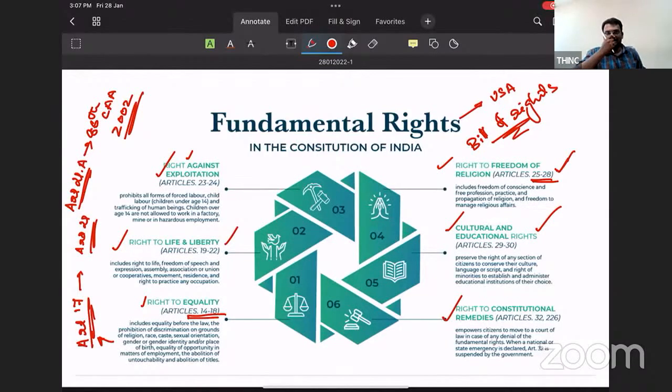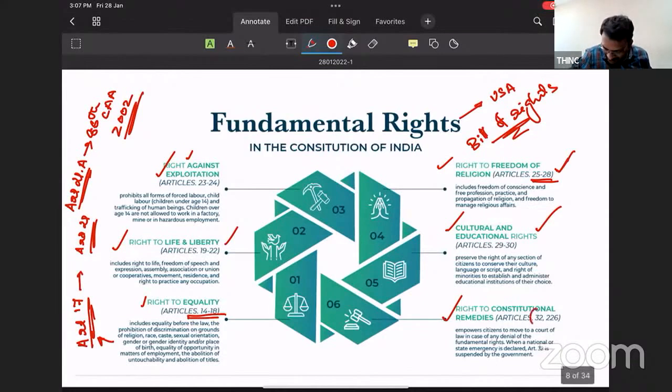There are two articles related to constitutional remedies, and according to B.R. Ambedkar, this is the heart and soul of the constitution, because if anything goes against the fundamental rights of the citizens, they can approach the Supreme Court or High Court.